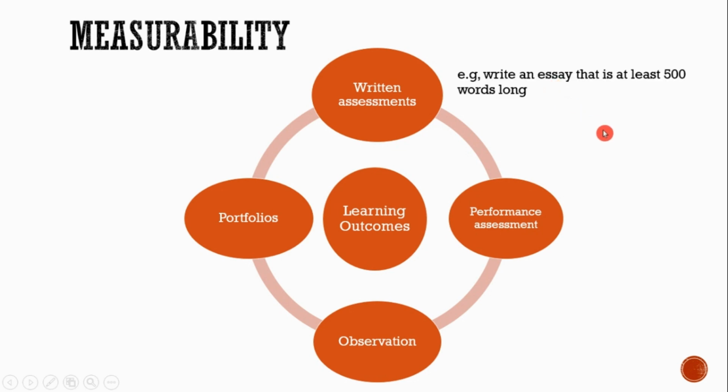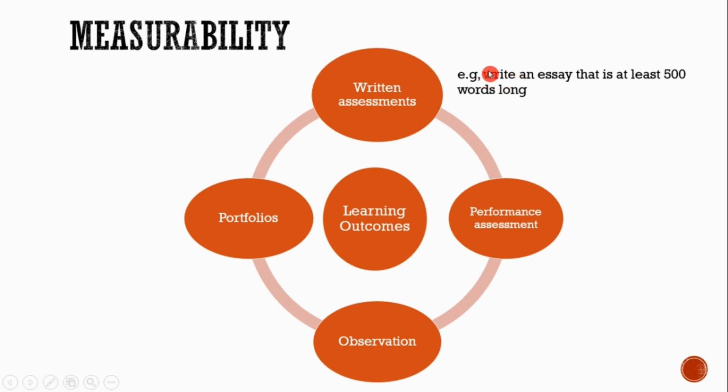So when I talk about written assessment, to give you an example: write an essay that is at least 500 words long. So if you look at that type of learning outcome, you can see the type of verb that has been used.